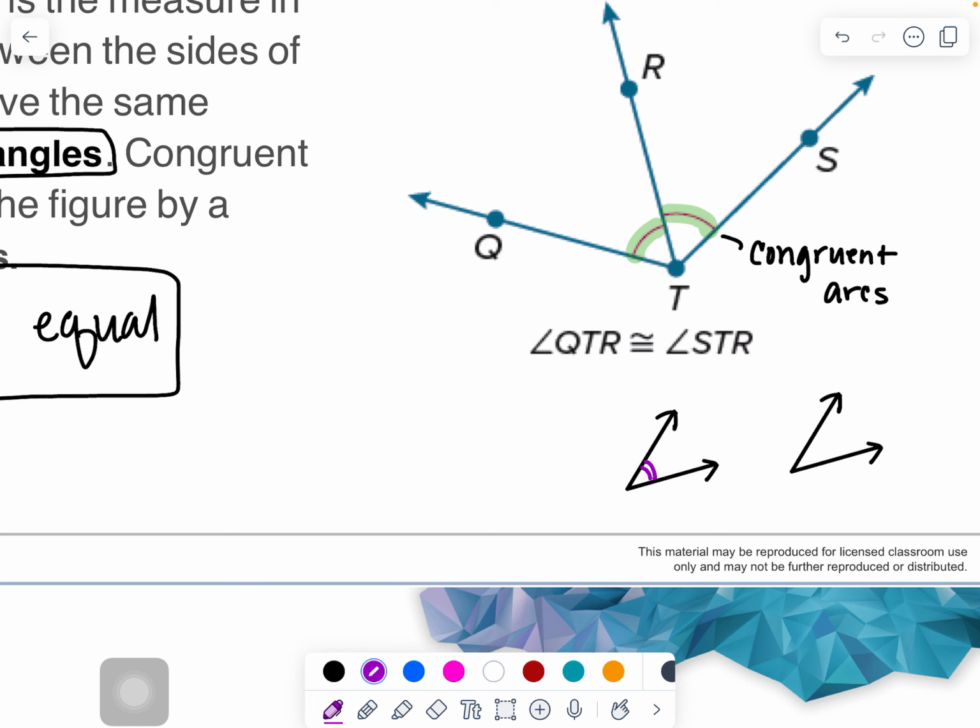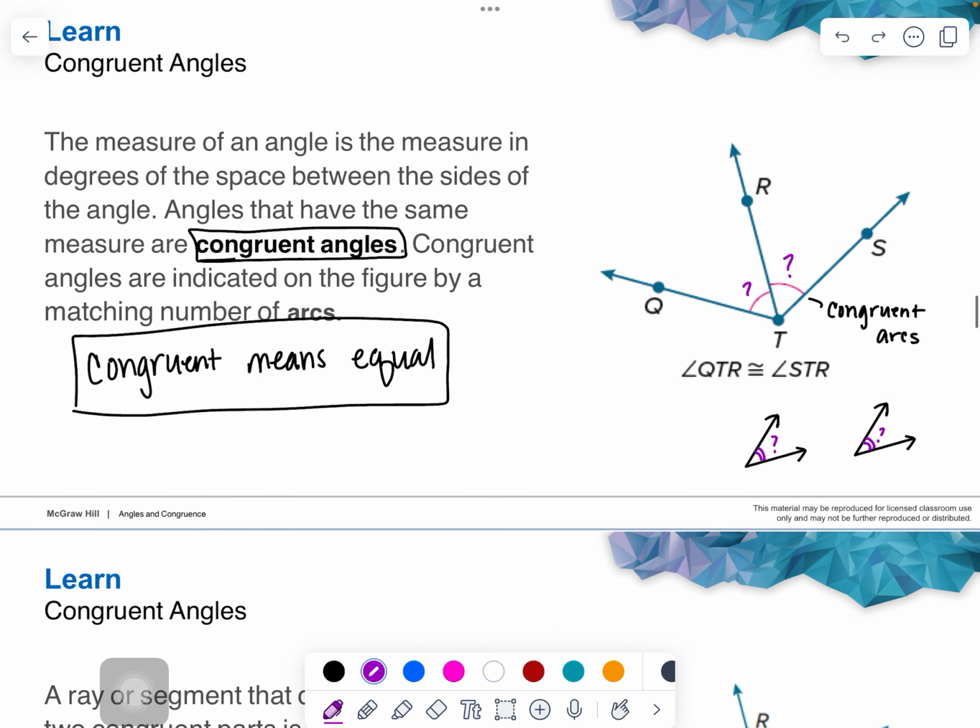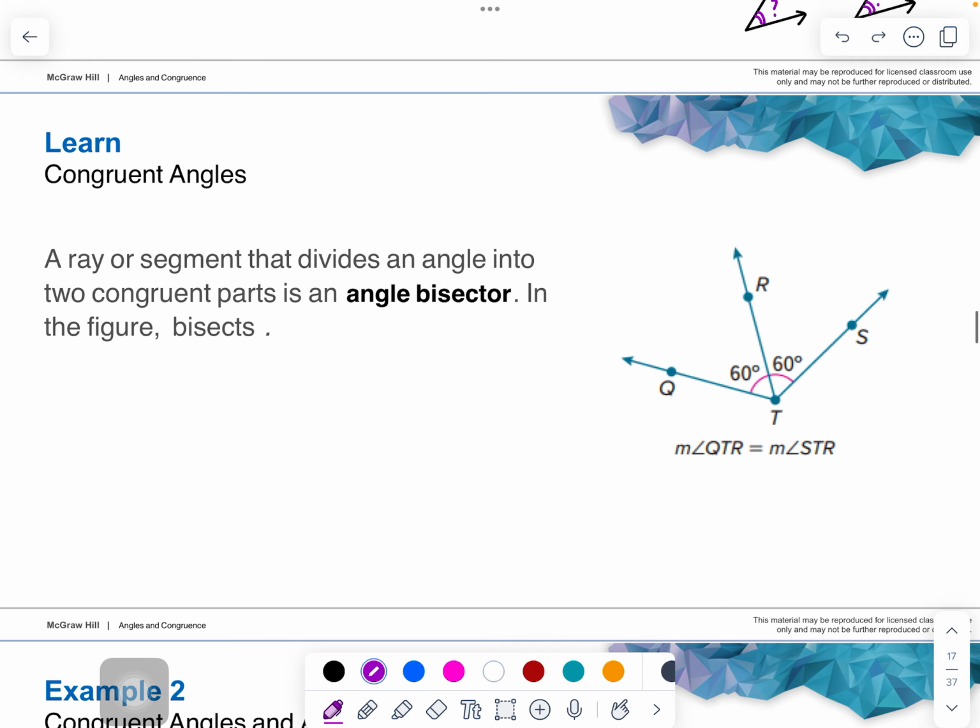We would give them two arcs. So the arcs show us that they match. We still don't know how big they are. Don't know what their degree is. They might be 30, they might be 500. We don't know how many degrees. 500 doesn't make sense, obviously. But we do know that they match. They're congruent. Okay.